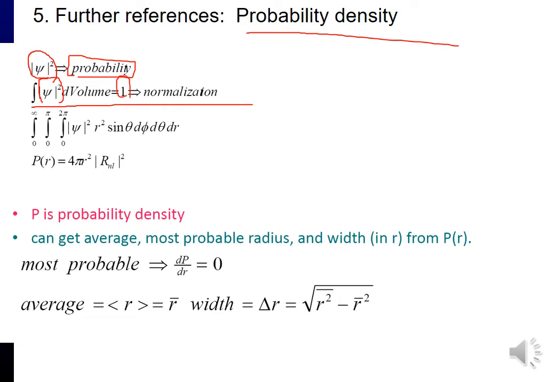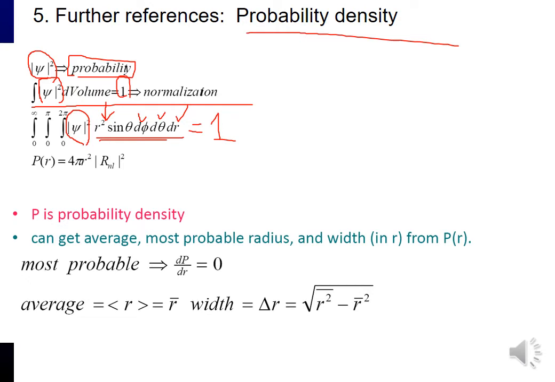So we apply this idea in spherical coordinates. Psi squared integrated over volume gives 1, and here you have not only r dependence but theta and phi dependence.